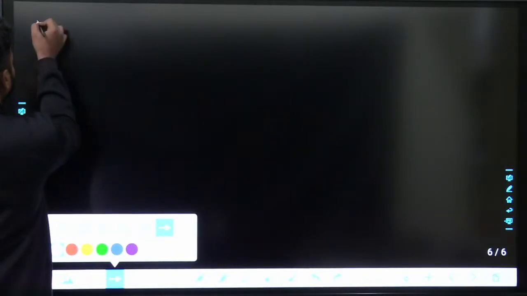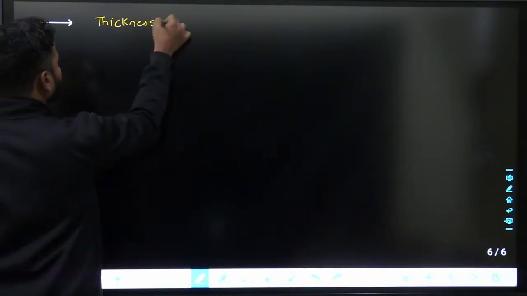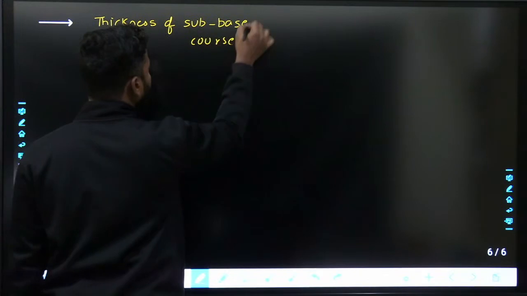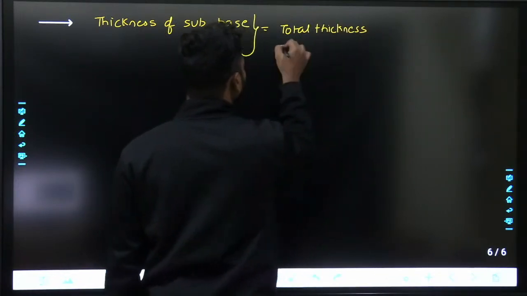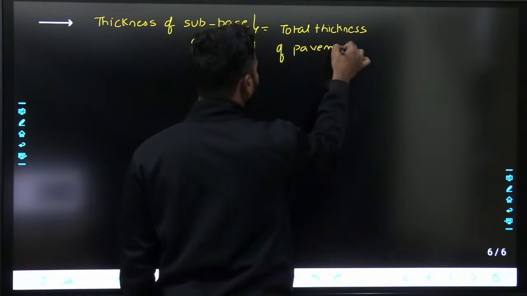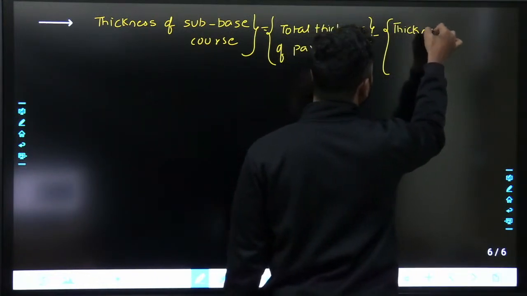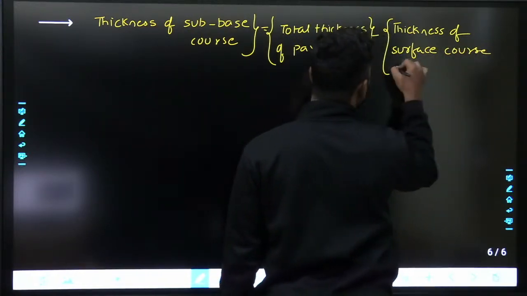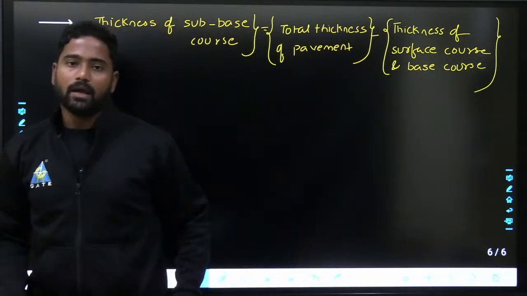The thickness of sub-base course is calculated as: sub-base course equals total thickness of pavement minus thickness of surface course and base course. Any doubts in this, guys?